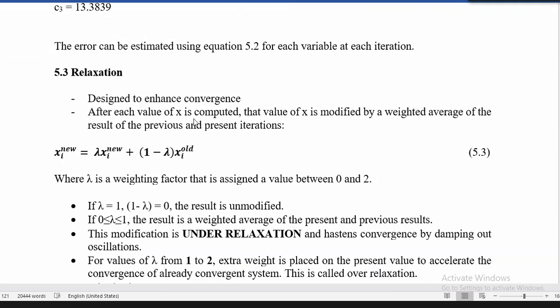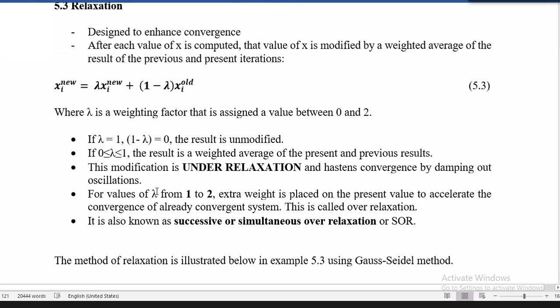You know, like a sinusoidal signal, the amplitude will be reduced by this weighted average. However, if lambda is between 1 and 2, extra weight is placed on the present value to accelerate the convergence of an already converging system. This is called over-relaxation, or successive over-relaxation, or SOR.